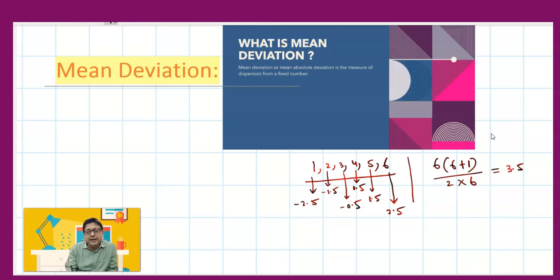So when you calculate the sum of all these deviations, you can see that 0.5 gets cancelled with minus 0.5, 1.5 with minus 1.5, 2.5 with minus 2.5.